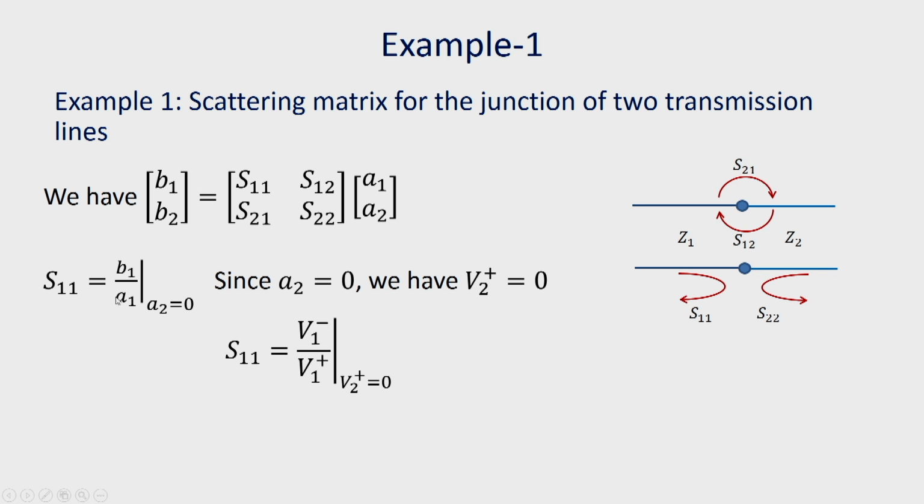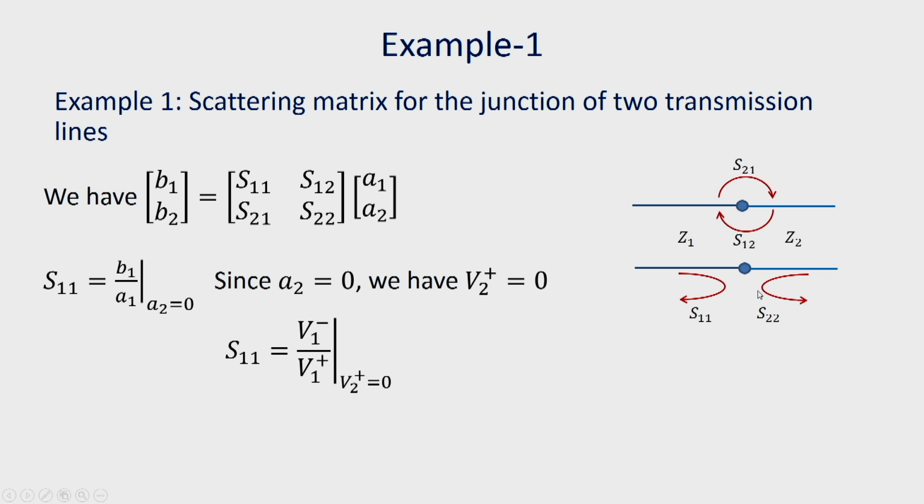Similarly, B1 can be written as V1 minus by root Z1, and A1 can be written as V1 plus divided by root Z1, and hence S11 we can write as V1 minus divided by V1 plus when V2 plus equal to 0.